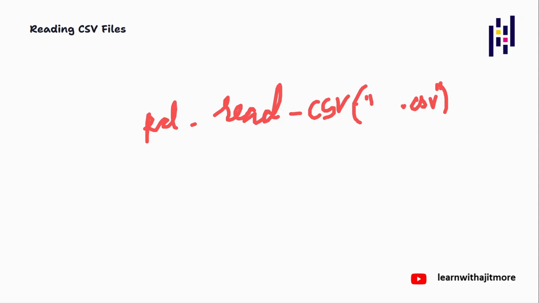Before that, this CSV file I have uploaded on the server storage. So it will take that file from the server storage, read the values, and build and give you one data frame. So all the values are transferred to the data frame. Okay, how to transfer, with an example we will see.